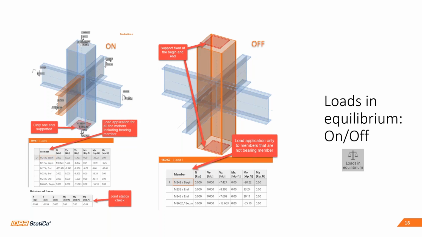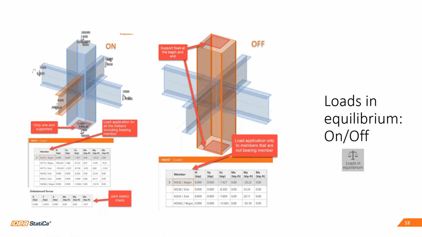Also, that means that IDEA will indicate if the joint has equilibrium or not. That can be seen in the unbalanced forces table. So you can see this option here. This is toggled on, and then you will see this table of unbalanced forces. Okay, so this is like the statics check of this joint.